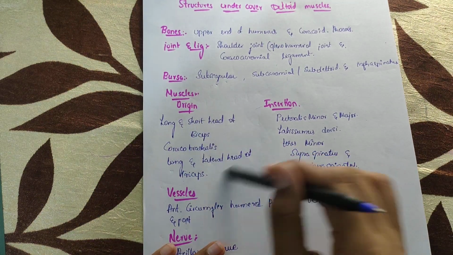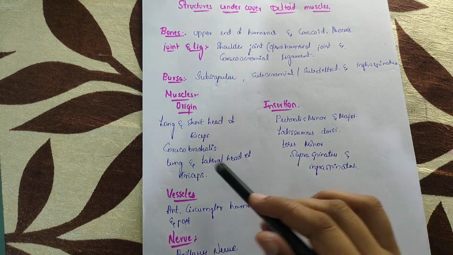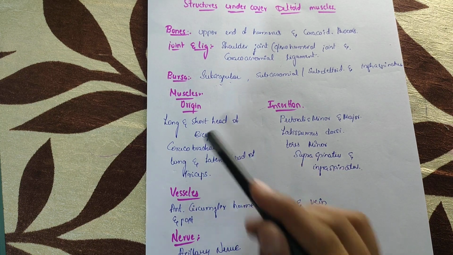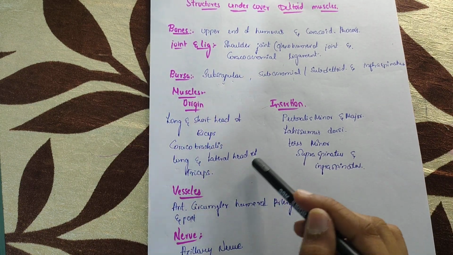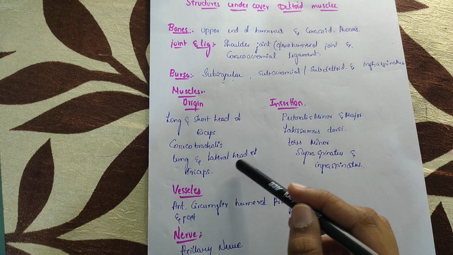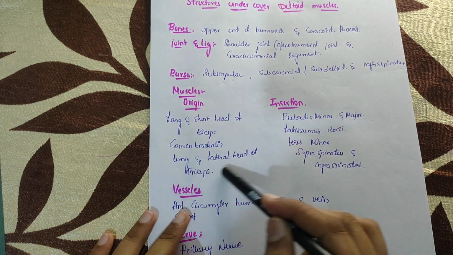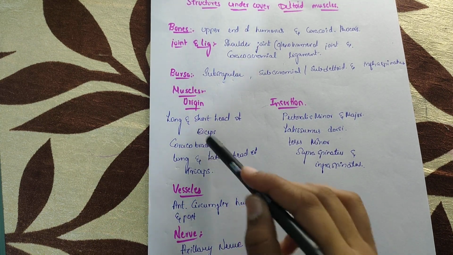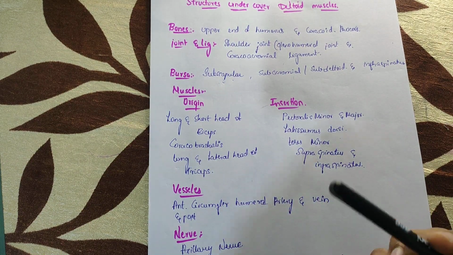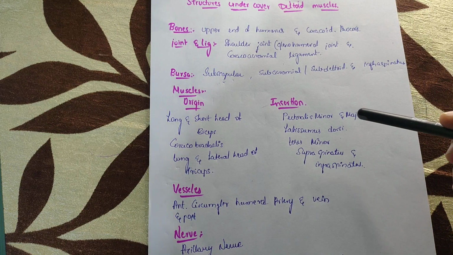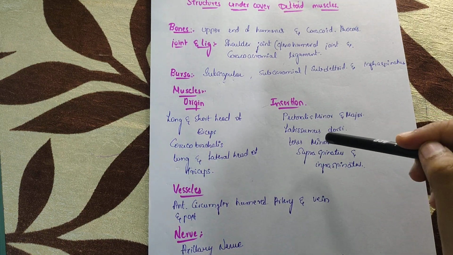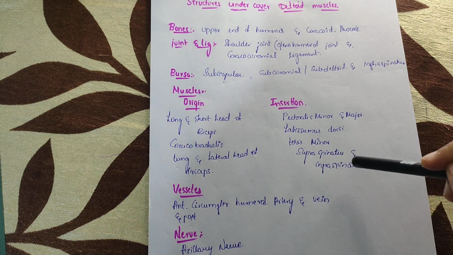Then the origin and insertion of many muscles: the long head and short head of biceps, which are muscles of the anterior compartment of the arm, and the long and lateral heads of the triceps, but the medial head will be deeper than these two, and coracobrachialis, which arises from the tip of the coracoid process, as I already discussed in other videos. Then the insertion of pectoralis minor, major, and latissimus dorsi, which is a back muscle, and teres minor, supraspinatus and infraspinatus.